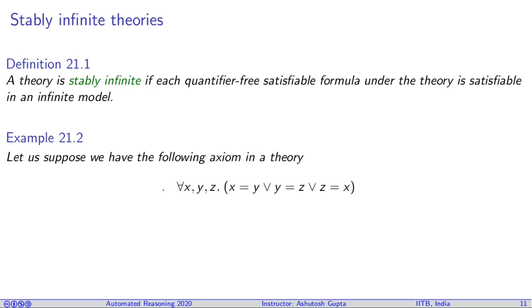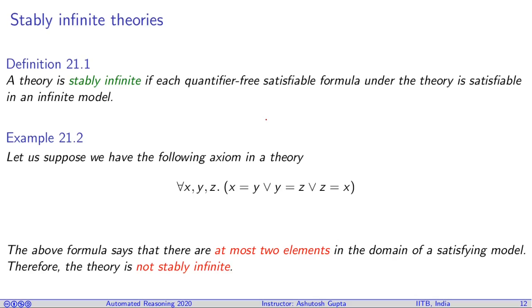Here's an example. Suppose you have this axiom in your theory, which says that for three variables x, y, z, either x equals y or y equals z or z equals x. This is basically saying that in your theory there cannot be more than two elements. This theory is not stably infinite. A formula like true has a model which has two elements in the universe, but there's no infinite model.